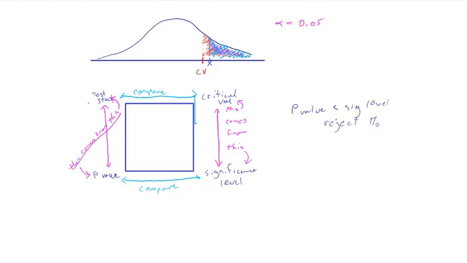Now, if we were to go the critical value method route, so now we're up here, we've got our test statistic. To figure out the critical value, you get that from the significance level, which of course is given. So let's say it's 0.05.